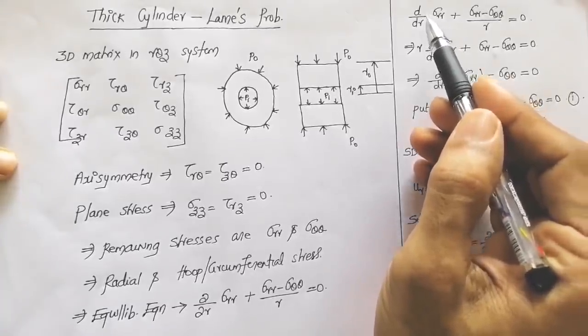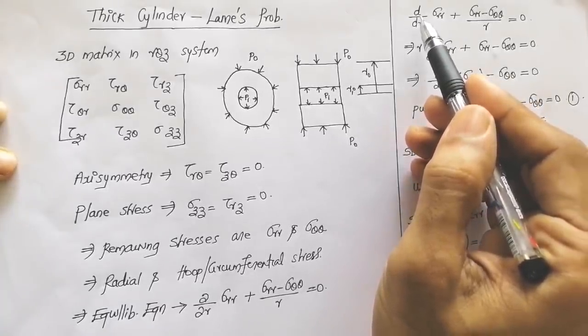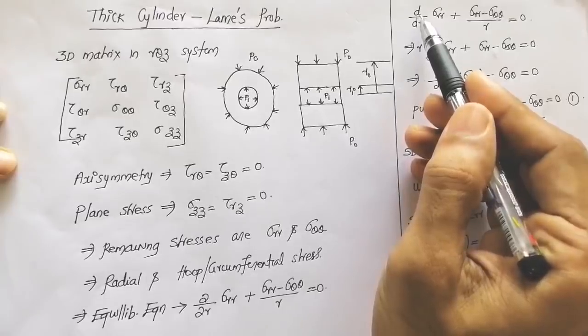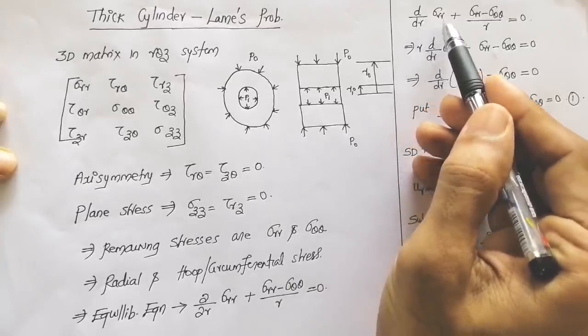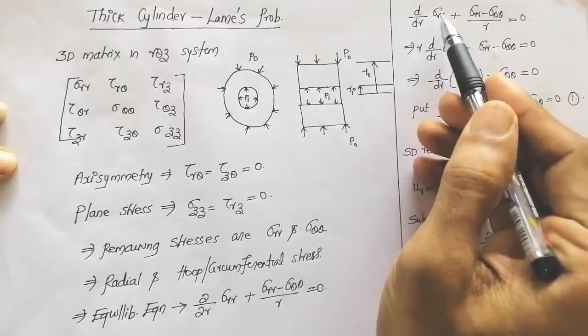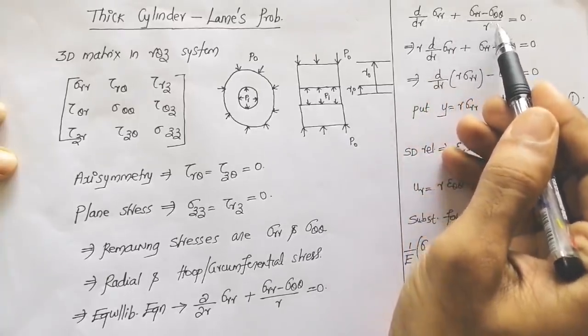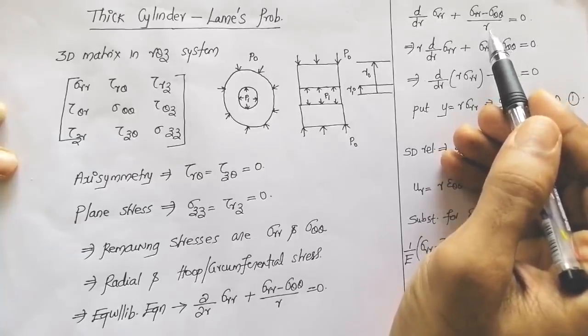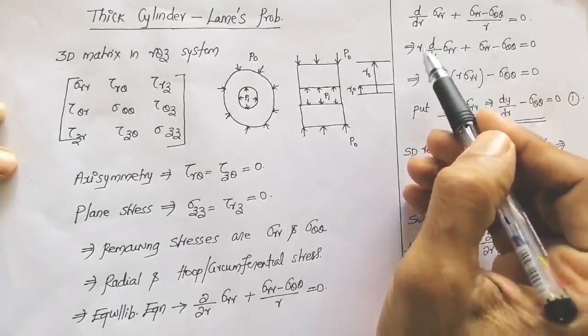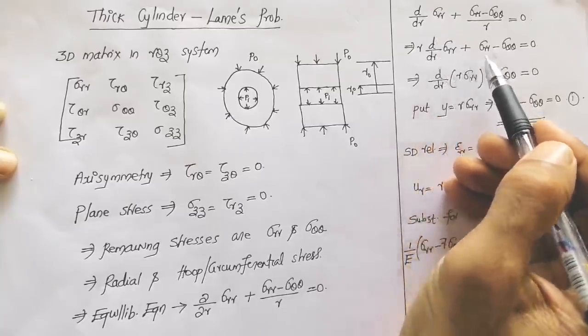So now this is a differential equation which is depending upon r only. So I am changing this dou by dou r into d by dr, because sigma rr depends on r alone. So d by dr of sigma rr plus sigma rr minus sigma theta theta by r equal to 0. I am multiplying the entire equation by r, which will give this equation.